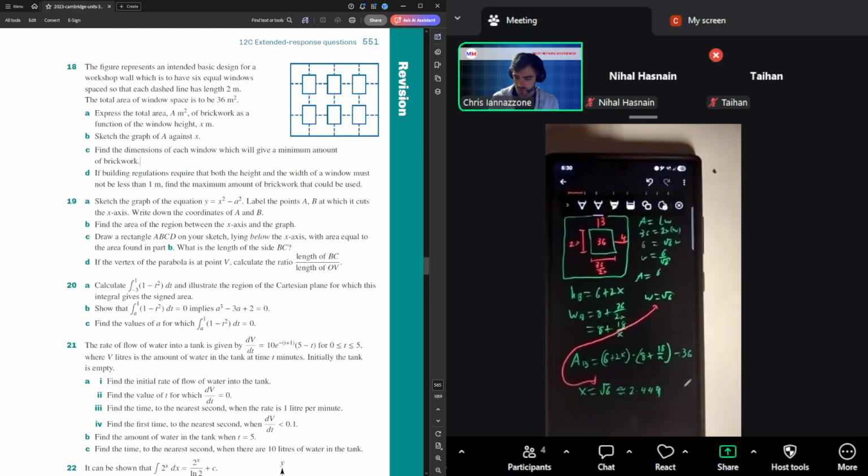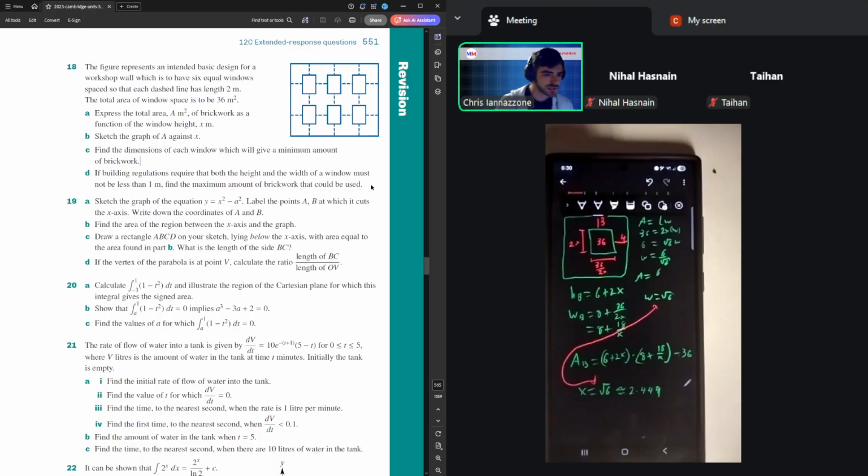All good? Sweet. Just because you guys are still here, you might as well finish off Part D right after the call. So if building regulations require that both the height and the width must be not less than 1 meter, find the maximum amount of brickwork that can be used. So now we're, I guess that kind of sounds like the same thing, doesn't it? We're maximizing brickwork.